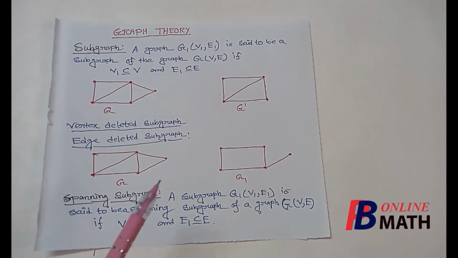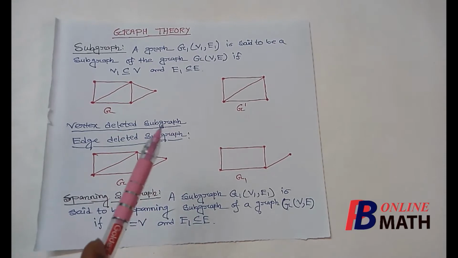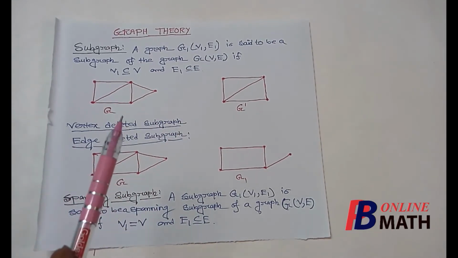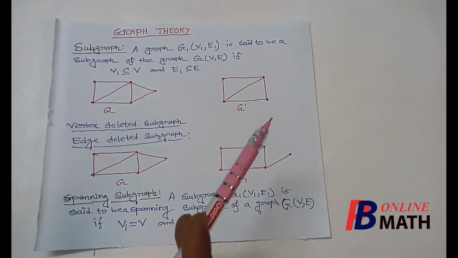Now, as for example, if we consider these two graphs, then for this graph G and this graph G1, the number of vertices are the same. But the only difference is that G1 contains two fewer edges than G. So this G1 is called a spanning subgraph of this graph G. But this graph G dash is not a spanning subgraph of this graph G, because this graph contains 5 vertices but this graph contains only 4 vertices.